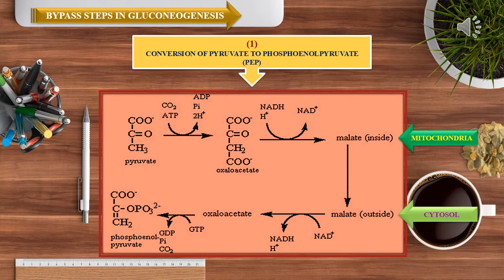Pyruvate in mitochondria is converted to oxaloacetate and malate, and this malate is transported from mitochondria to cytosol, where it is converted again to oxaloacetate and then to phosphoenol pyruvate. Then it follows the reversal pathway of glycolysis until it reaches the second bypass step.